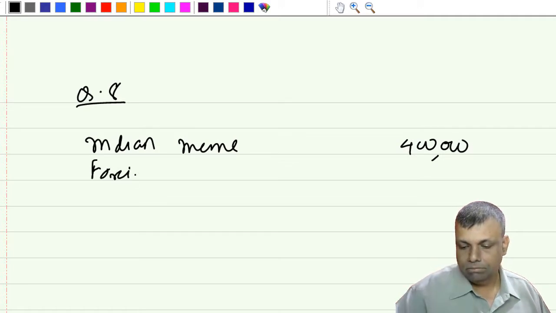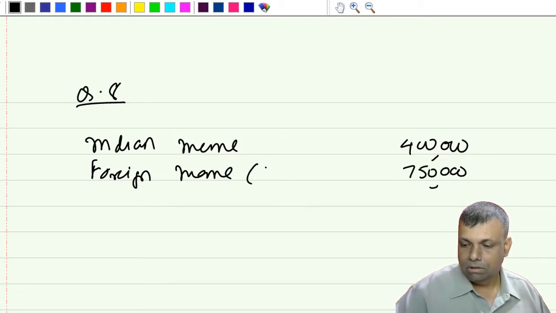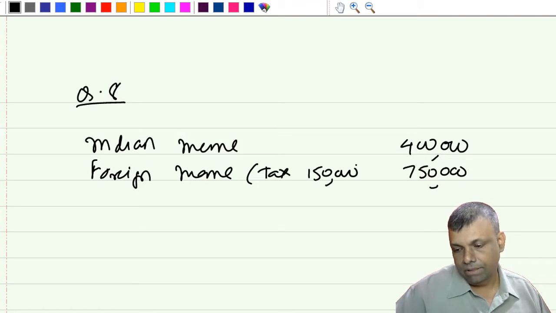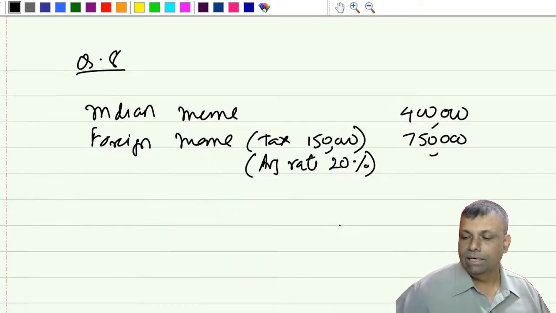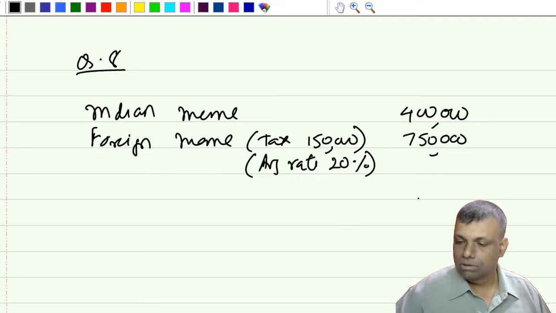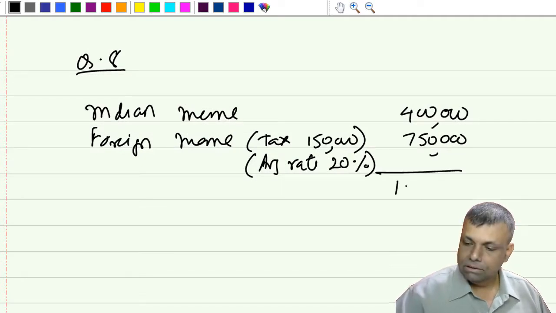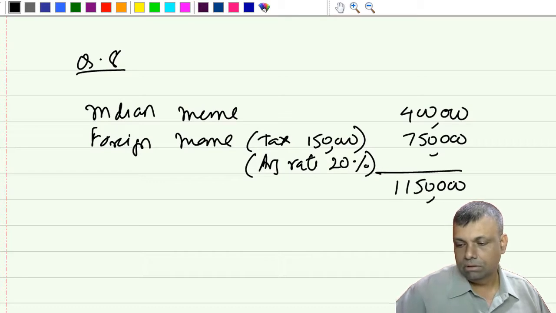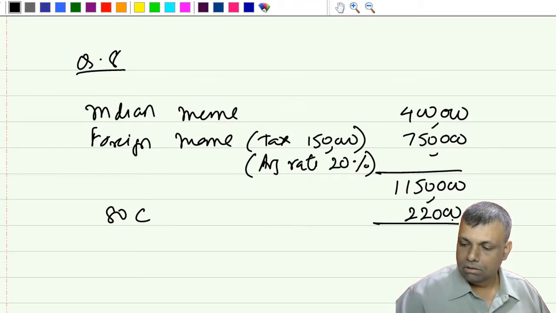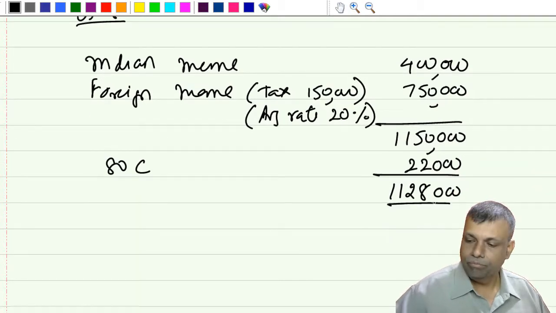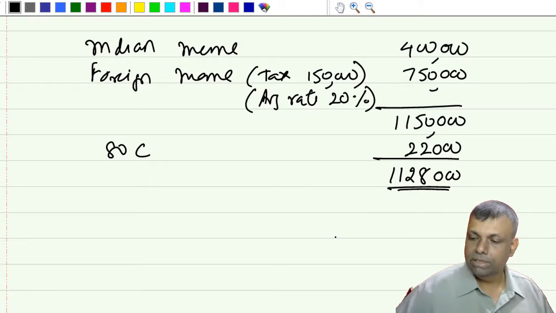Foreign income is 7,50,000, on which the tax is 1,50,000. You can write the average rate in line here itself, as there are no other greater adjustments. So this is 11,50,000. Deduction under 80C is 22,000, and this is 11,28,000 rupees.